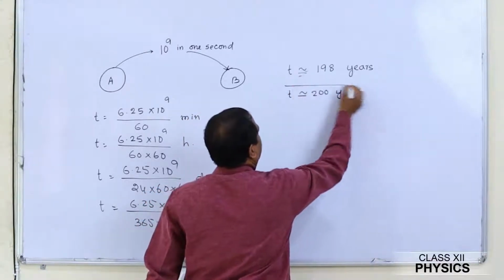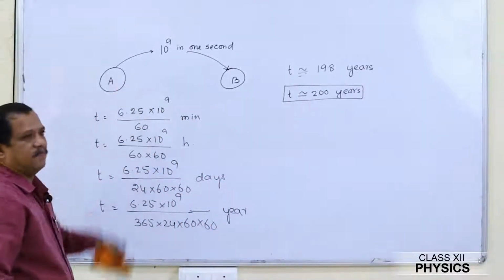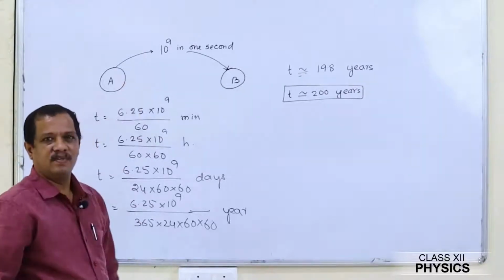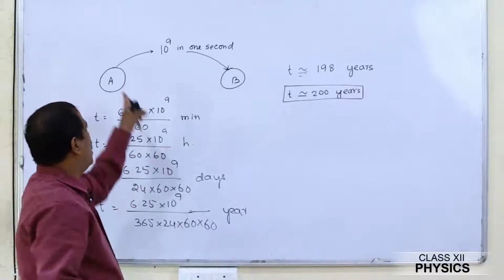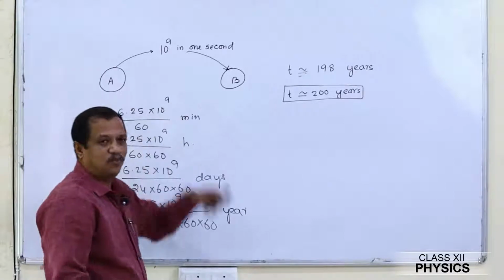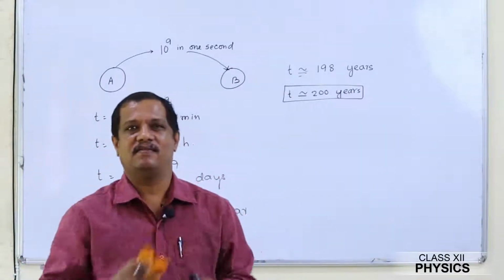Now, you can imagine: for a body to assume 1 coulomb charge, if 10 power 9 electrons are removed in 1 second from it, we see that it will take 200 years.